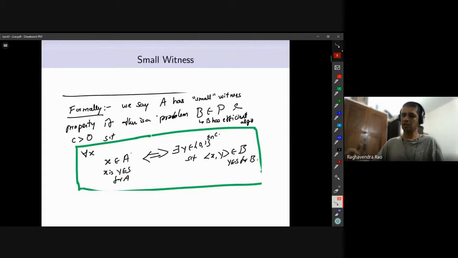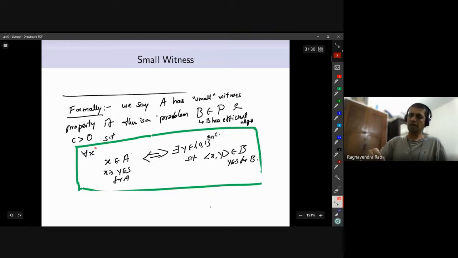So this is about decision problems. Let A be a decision problem. We say that A has the small witness property if there is a decision problem B which has an efficient algorithm, that is, which is in the class P. P is the set of all problems which admit a polynomial time algorithm.